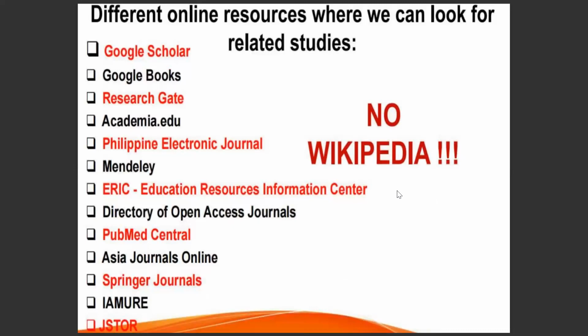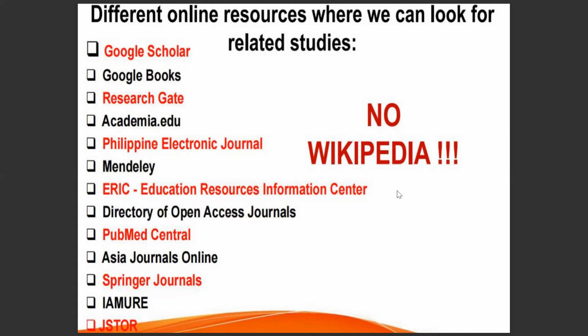So different online resources where we can look for related studies would be the following. Of course, the very common Google Scholar, Google Books, ResearchGate, Academia.edu, Philippine Electronic Journal, Mendeley, ERIC, Education Resources Information Center, PubMed Central, Directory of Open Access Journals, Asia Journals Online, Springer Journals, JSTOR.